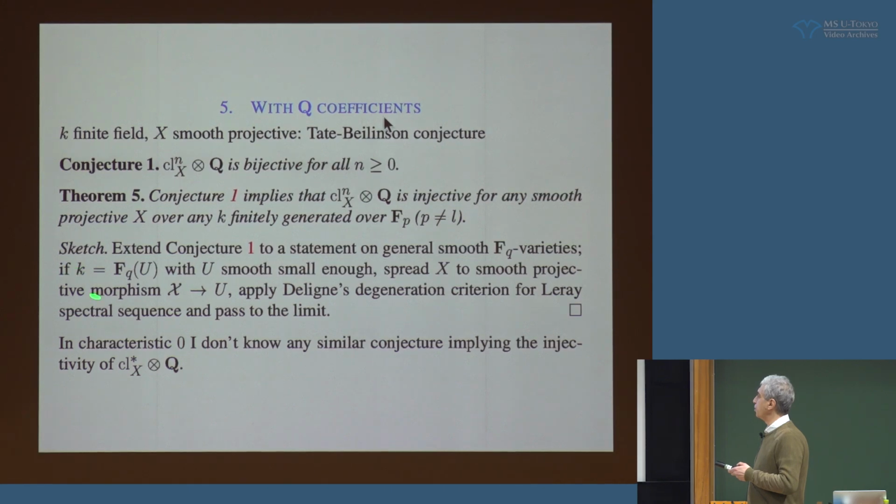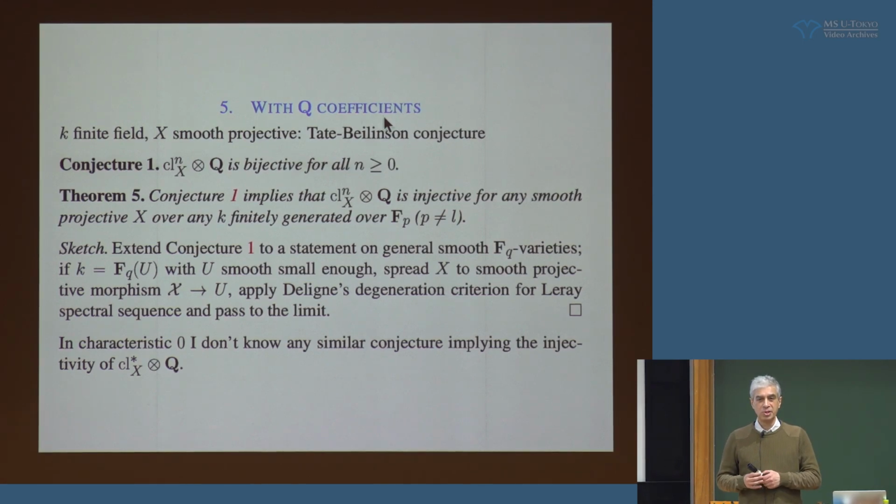Then you can write it as the function field of some smooth variety. And you can spread X to a smooth projective morphism to U, provided U is small enough.